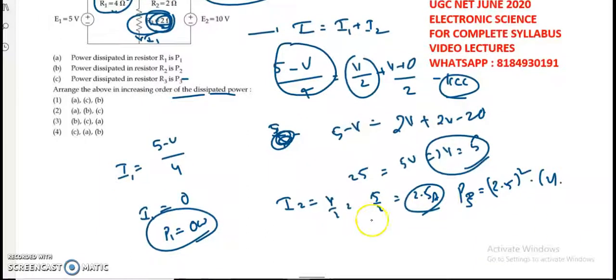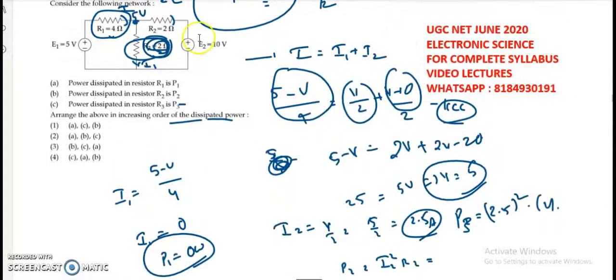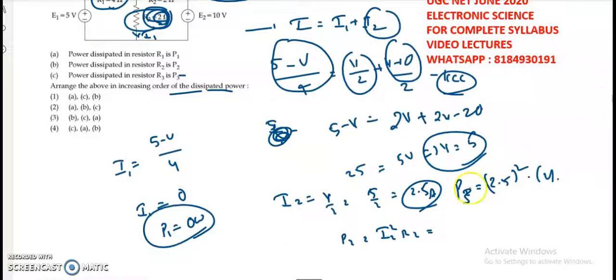And next, coming to P2, the current flowing through this 2 ohms we can calculate as I2. That is I2 is V minus 10 divided by 2. So V minus 10 divided by 2, where V is 5, means 5 minus 10 divided by 2, whole squared into resistance 2.